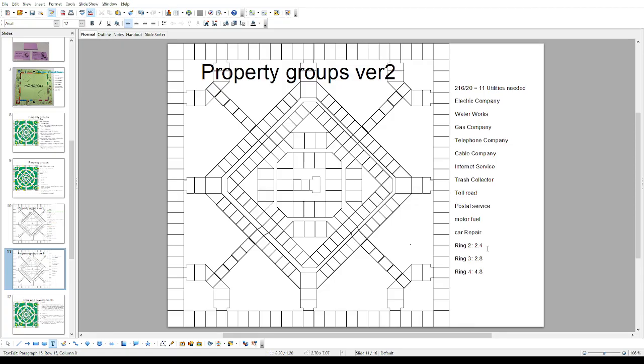Which means that for purposes of rounding, huh, it just occurs to me that when I was deciding how many utilities to put in, I included the subrings as part of the property count. And that's skewing all of this stuff.